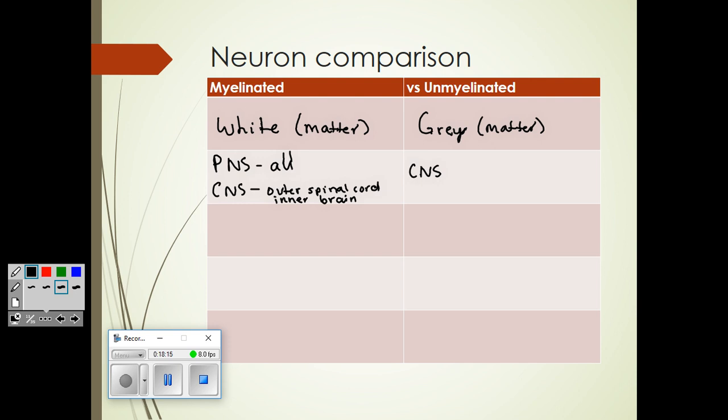So central nervous system, not peripheral nervous system. And they are found in the inner spinal cord and outer brain, which we'll see later is called the cortex. Cortex means bark, and lots of things have a cortex.